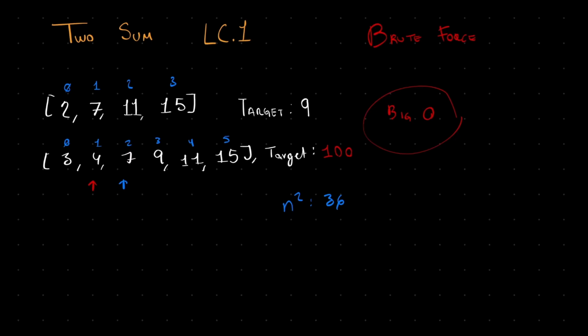This is if you repeat the numbers and do not start at the right place, these are just assumptions. You're going to be doing a lot of computation, which is not very efficient, and this translates to big O of n squared in time complexity.